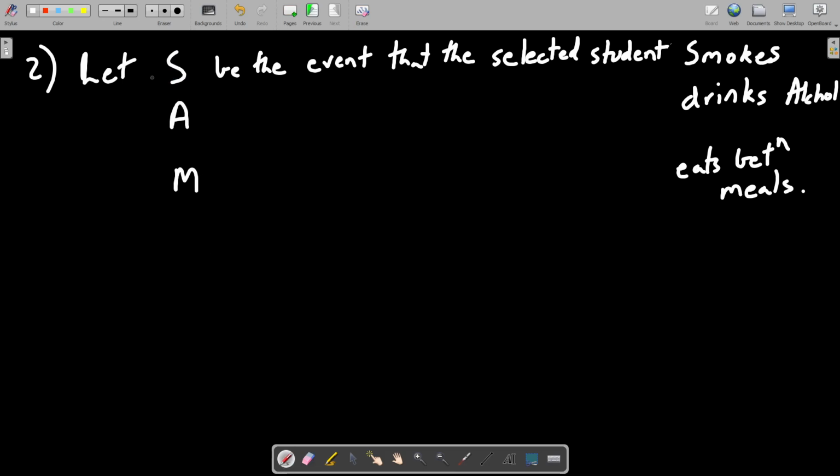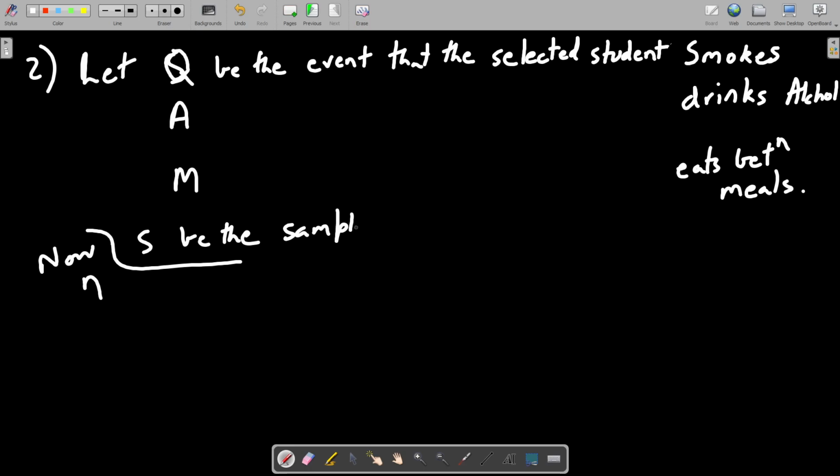Q is better, no? See Q. Okay, let Q be the event that the selected student is a smoker, and S be the sample space, all students.